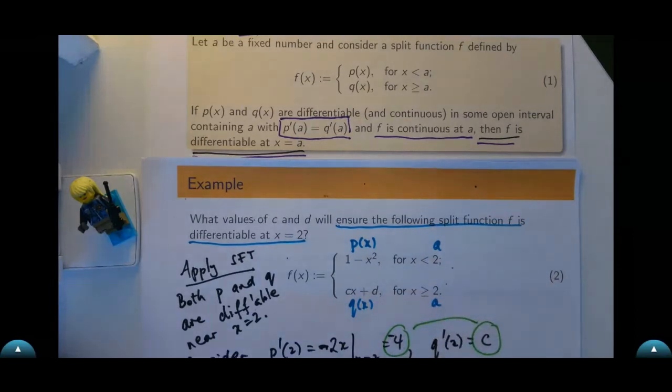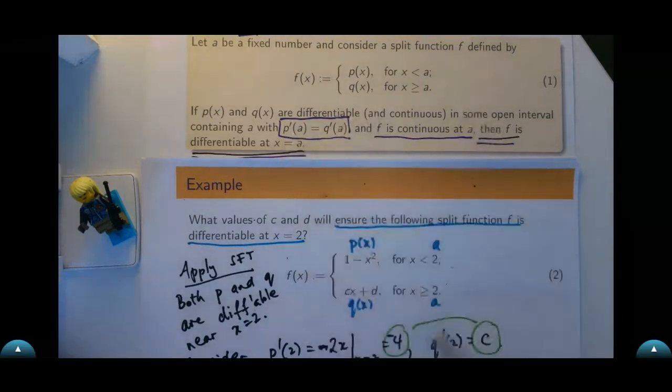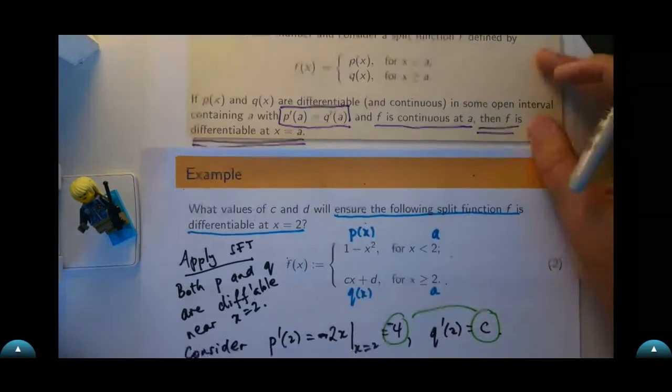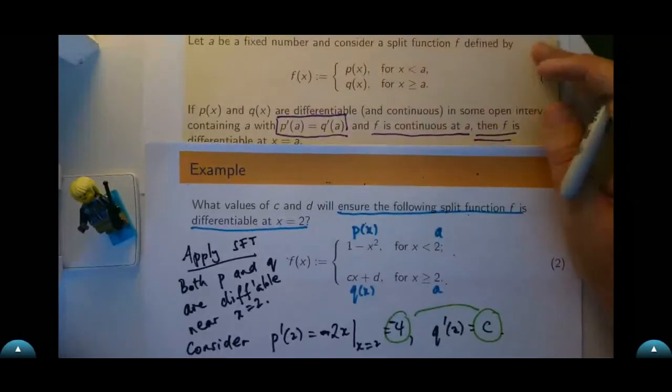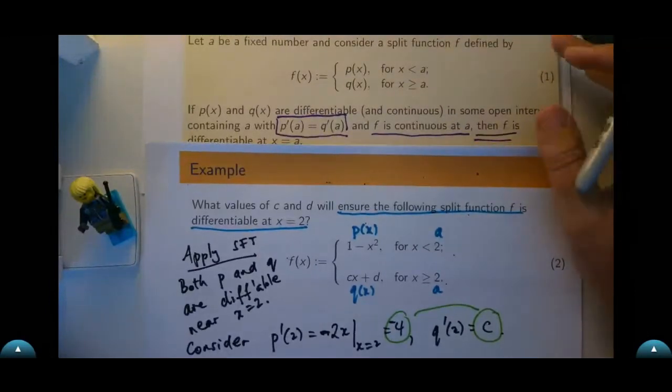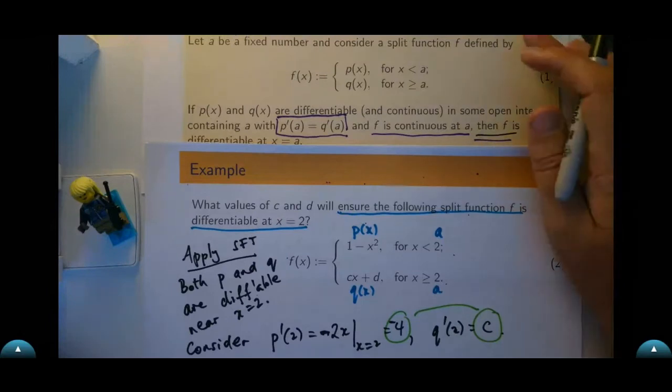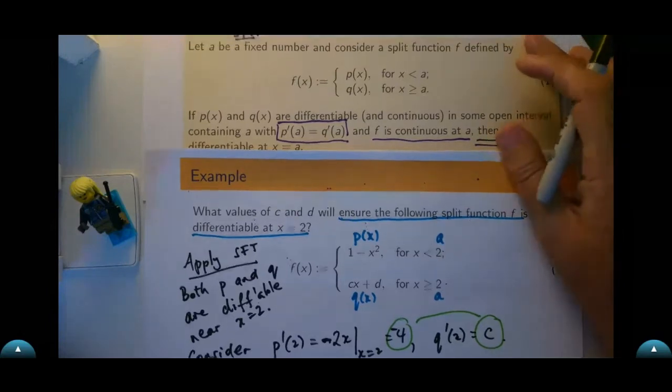Yes, Junsheng in the chat is saying, so for this to hold, we need c equals negative 4. Which piece of paper, Daniel, the top one or the bottom one? Down.